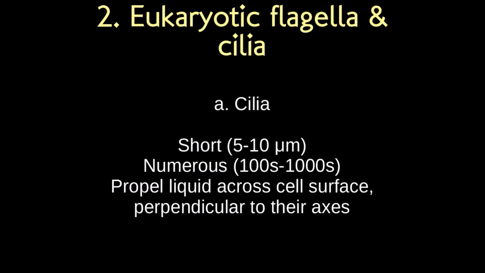Cilia can be anywhere from the hundreds to the thousands, and cilia are not always used for propulsion, but when they are, they tend to propel liquid across the cell surface. The cell itself could be stationary and the cilia propelling liquid, or the cell could be trying to propel itself through liquid. But when it does this, it tends to move the liquid perpendicular to the axis.